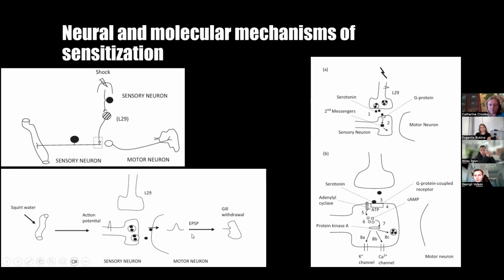This leads, of course, to a stronger response of the gill, a stronger contraction. I would not dive into all the molecular details here, because maybe Zhenya would discuss it with you in regard to experiments with mice.